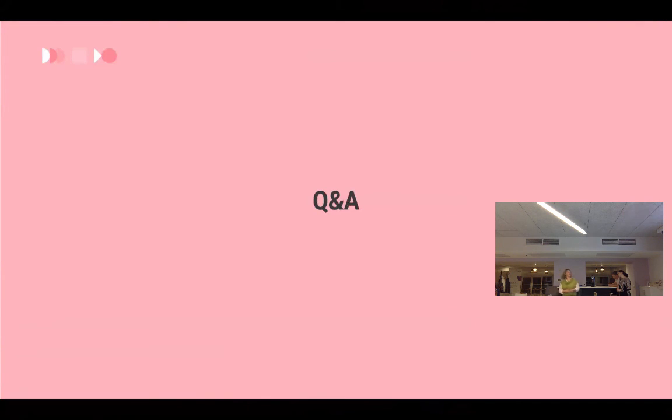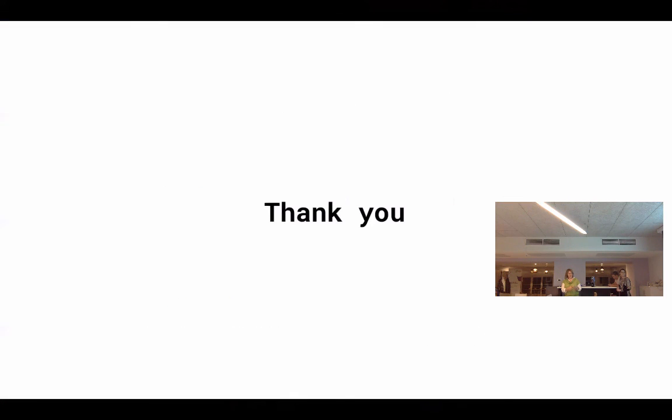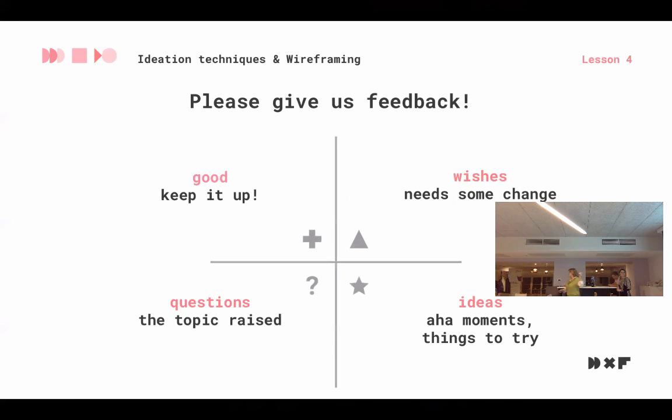What I would like to ask now is, on your desk, you see these forms. This is a new feedback form. For the plus, again, just as usual, write down the positive things that you experienced today.